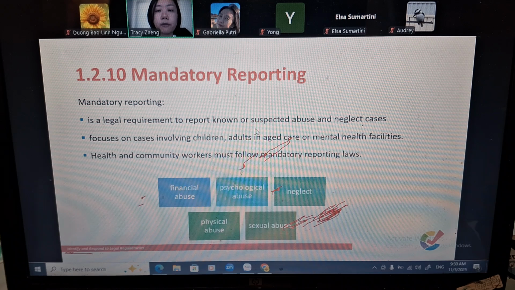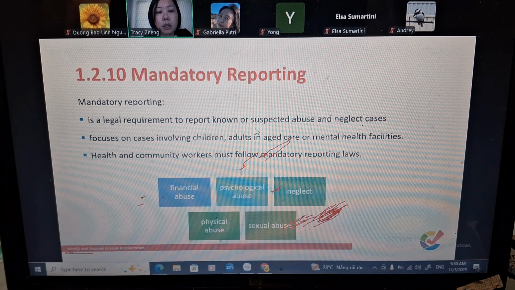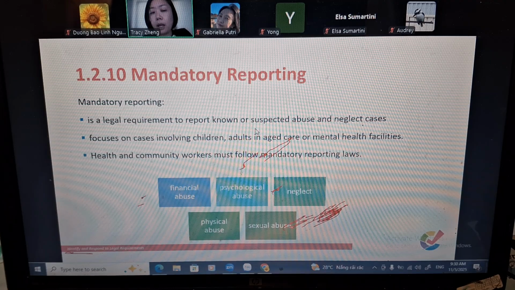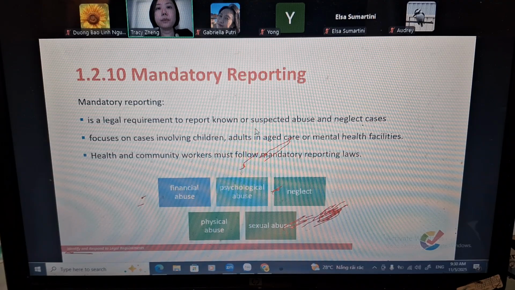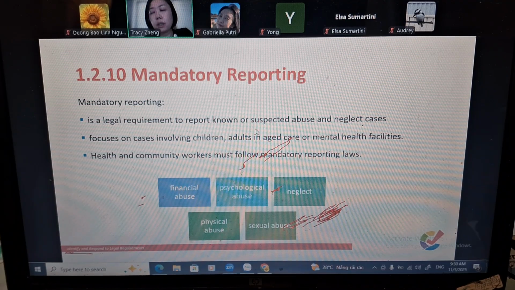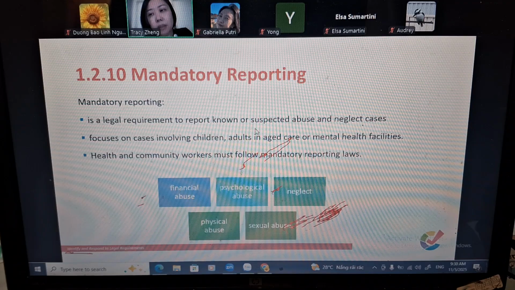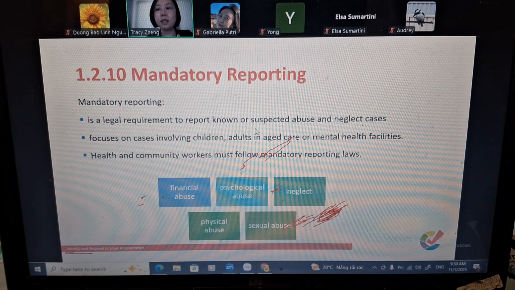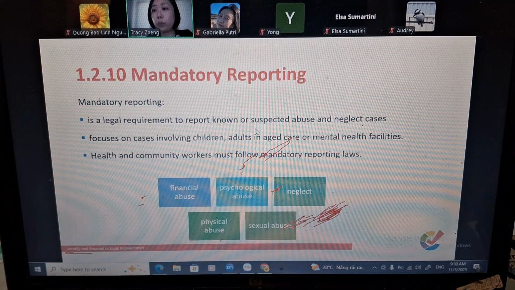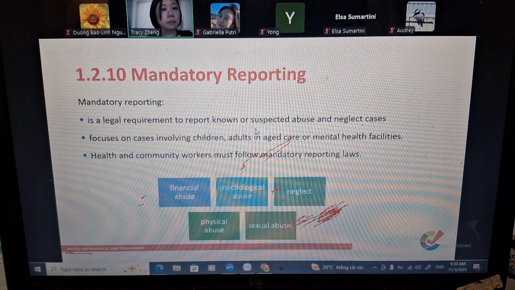It's including financial, psychological, neglect, physical abuse, and sexual abuse. Any of these, even though you do not have clear evidence or information, even though you just suspect your clients are probably suffering any form of abuse, please report it. Okay, that is mandatory, compulsory. It is a must. All right.